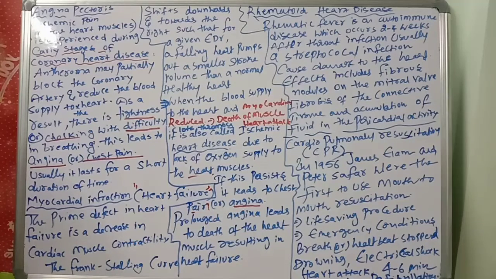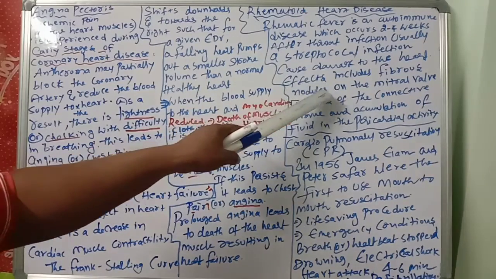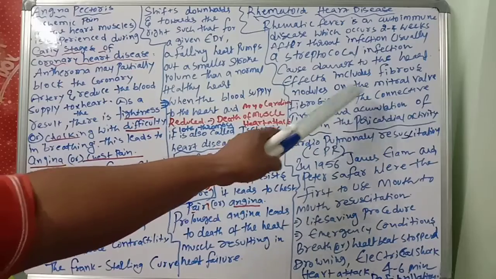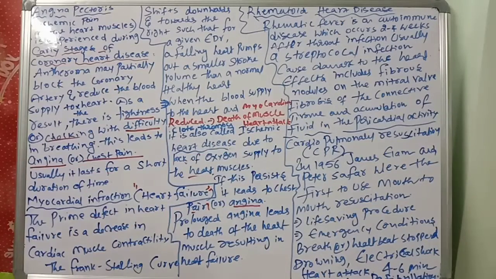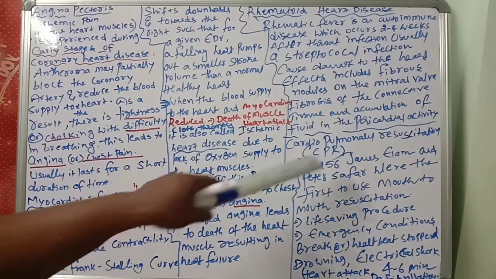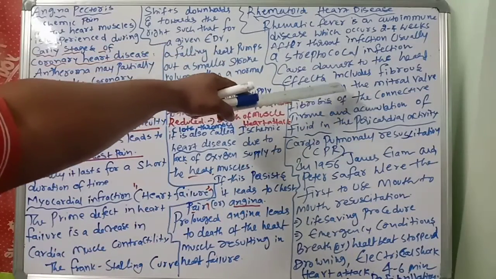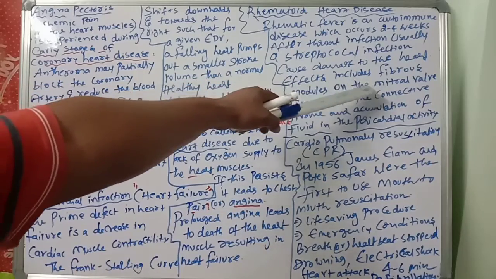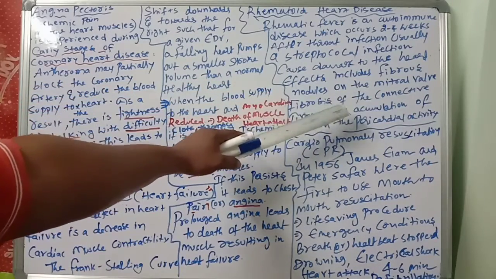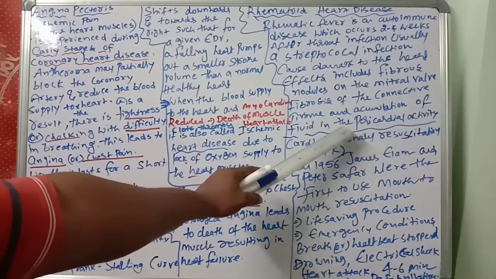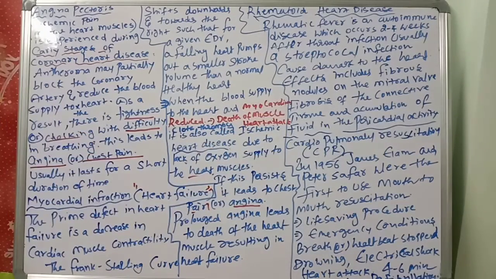The effects include fibrous nodules on the mitral valve, fibrosis of the connective tissue, and accumulation of fluid in the pericardial cavity. So because of this infection, that leads to rheumatic heart disease.